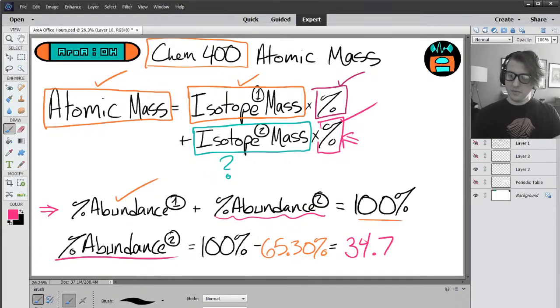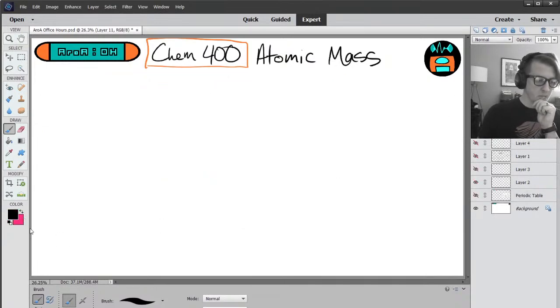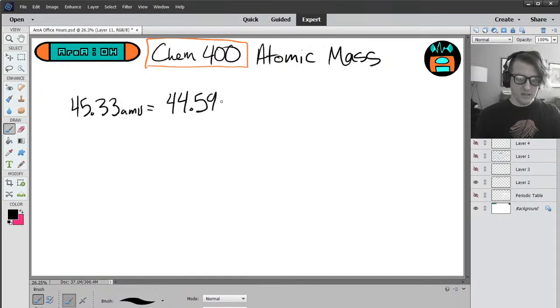All right, so we have some algebra to do. Our atomic mass, 45.33 AMU, is equal to the mass of the major isotope, 44.59 AMU, times its percent abundance.